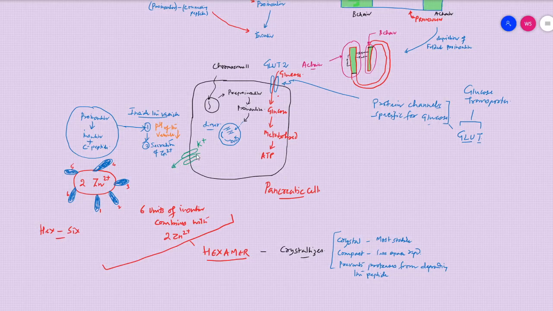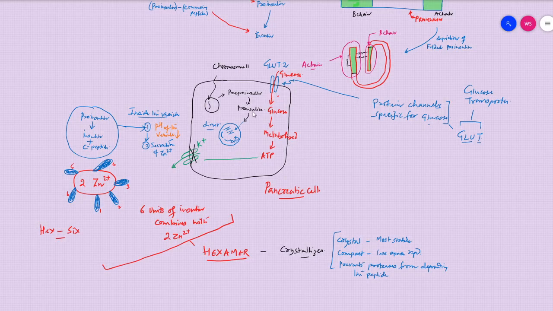If potassium goes out, it will hyperpolarize the cell, so we don't want that happening. What happens is, this ATP goes and blocks the potassium channel, which will depolarize the cell.